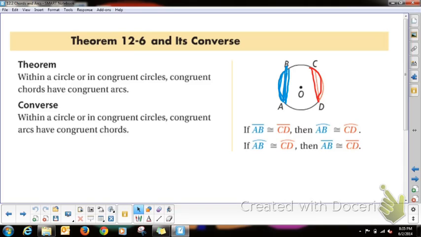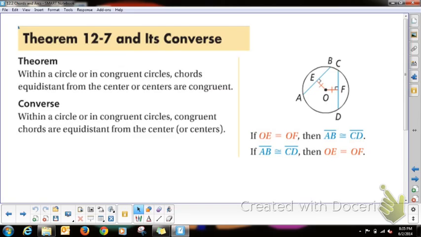So if the chords are congruent, then the arcs are congruent. If the arcs are congruent, then the chords are congruent. So it doesn't matter which one you know. If the chords are congruent, then the arcs are congruent, and if the arcs are congruent, then the chords are congruent. Okay?